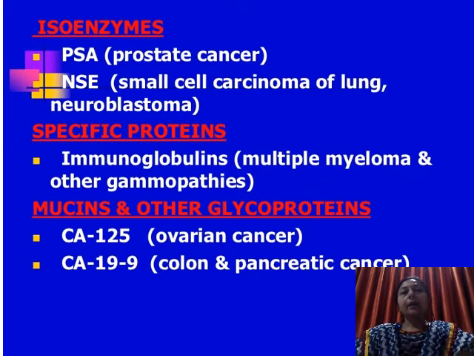NSE is for small cell carcinoma of the lung or neuroblastoma. Certain specific proteins like M proteins, gamma globulins or immunoglobulins commonly indicate multiple myeloma or other gammopathies. CA125 is specific for ovarian cancer, CA19.9 is specific for pancreatic cancer. These are the mucins and glycoproteins.